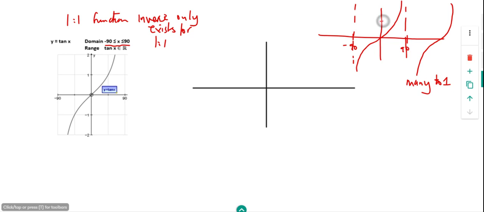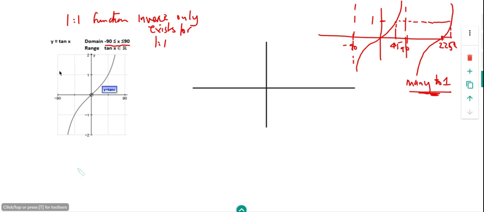For example, if this angle was 45, tan would be 1, but we'd get lots of values of x that would give us 1. For example, this value here would be 225, and tan of 225 would also give 1. So this would be a many-to-one, and there would be no inverse to that one. So we've had to restrict it here.